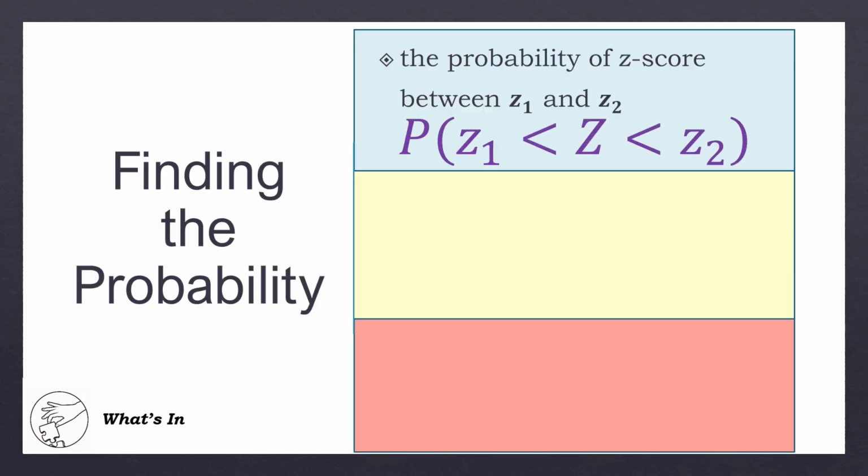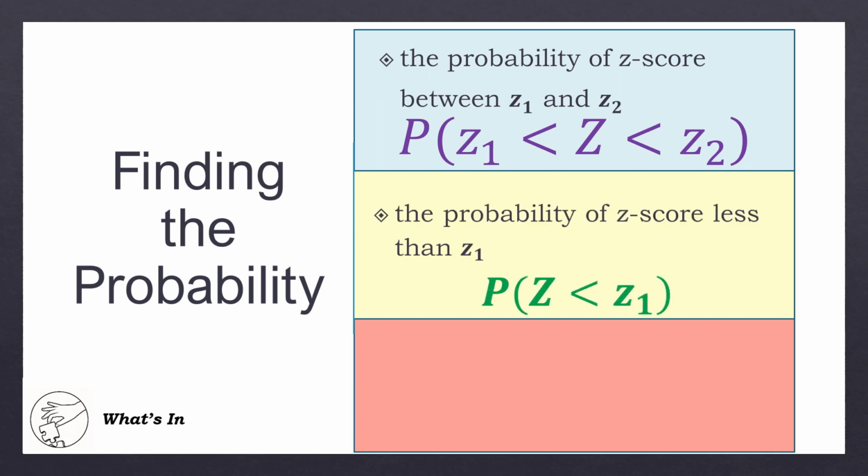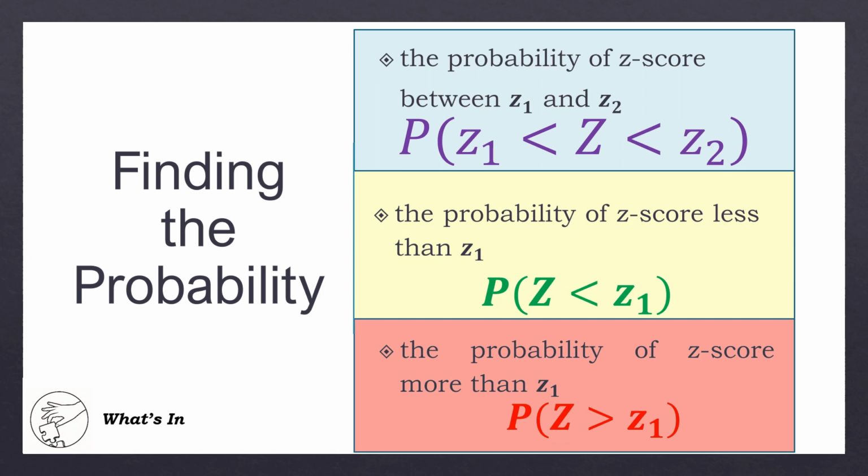Mathematical notations are very effective and helpful in finding the probability under the normal distribution curve, especially for lengthy expressions. You can see on the screen the mathematical expressions and their corresponding meaning.